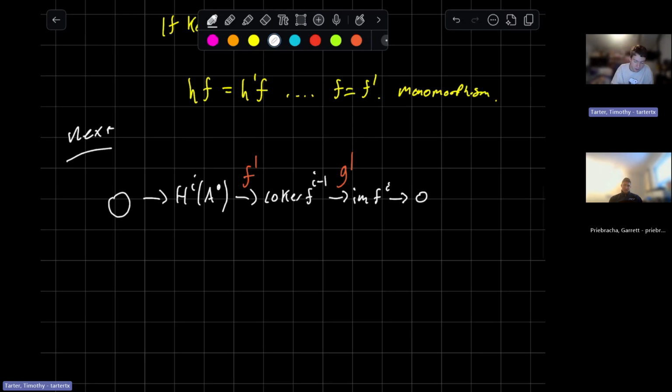So here we have co-kernel of Fi plus 1, which is equal to AI mod the image of Fi minus 1. And of course this injects into AI, or I guess it's maybe not an injection. It definitely maps into AI.